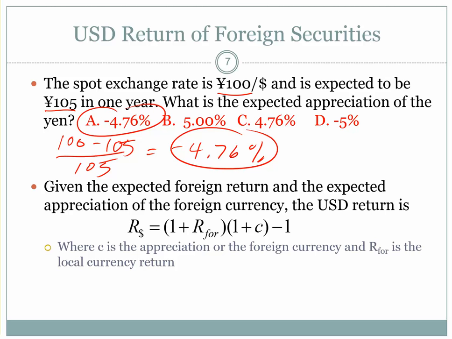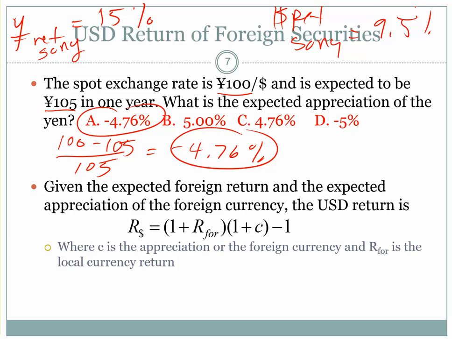So the yen return of Sony was 15%. We said that the dollar return of Sony was 9.5%. And we know that the yen devalued 4.76%.